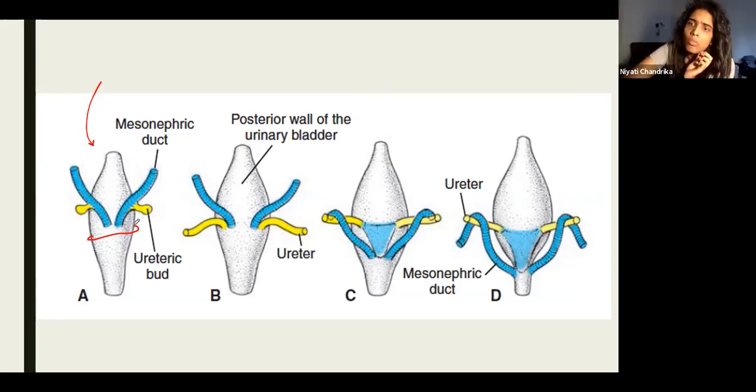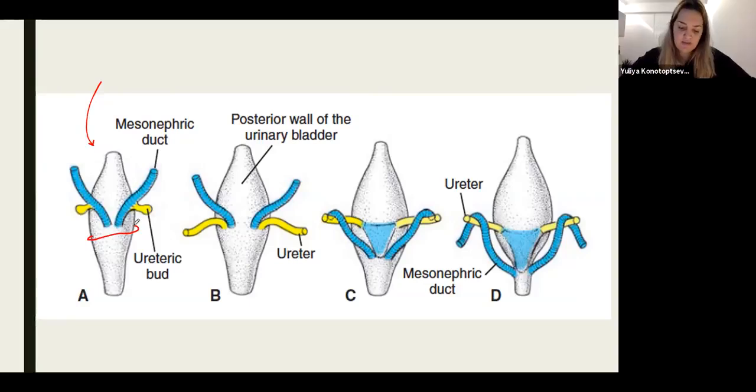Endoderm. Hindgut is endoderm because hindgut is the gut tube. Entire gut tube comes from the endoderm. So this entire whitish gray area, this is the urogenital sinus, that's the bladder, and this is going to be endoderm.